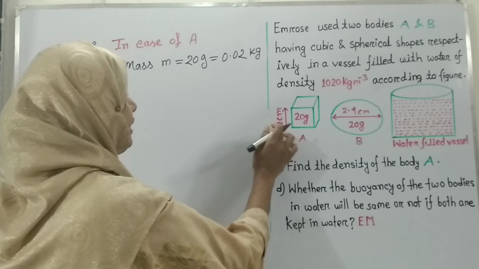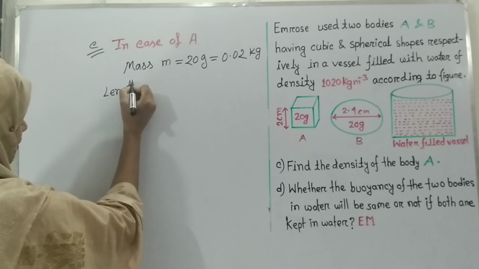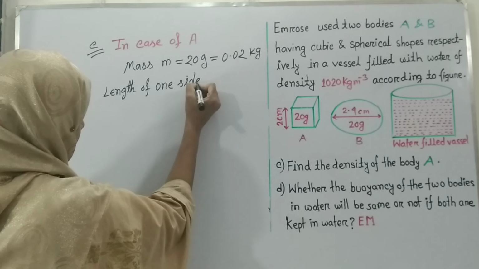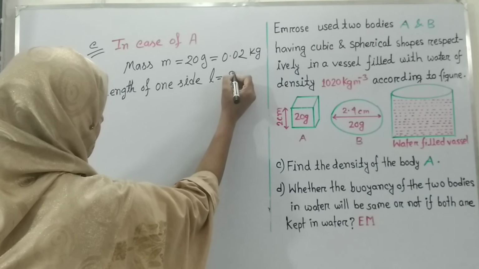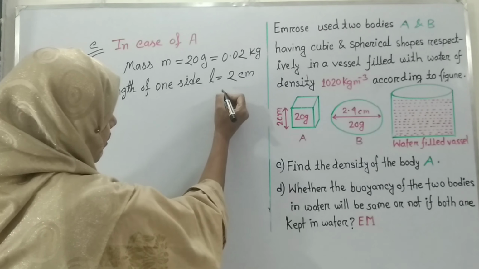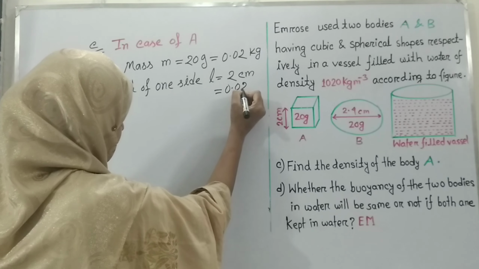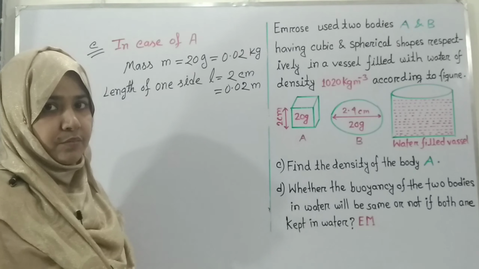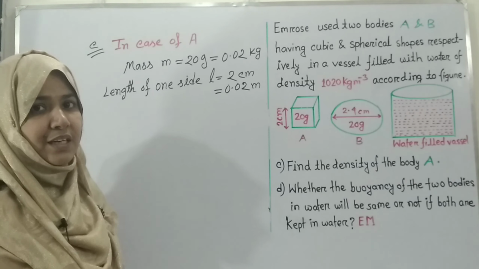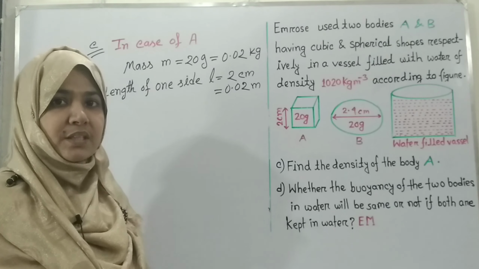Now the length of one side, L, is given as 2 centimeter. So by calculating it, you will get 0.02 meter. As the length of one side is given, we can easily identify the volume of object A because it is a cubic shaped object.